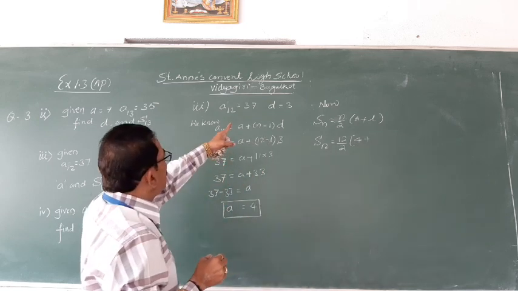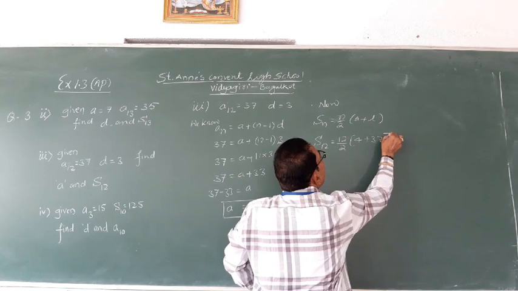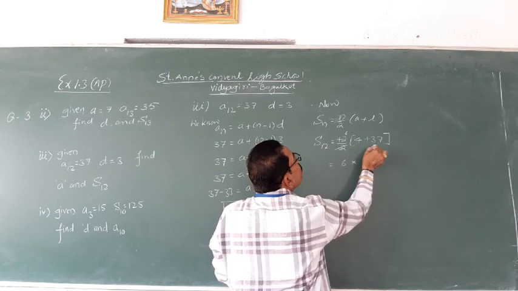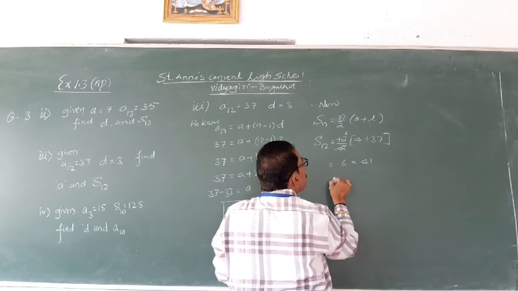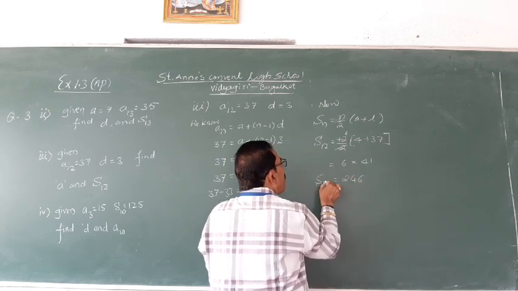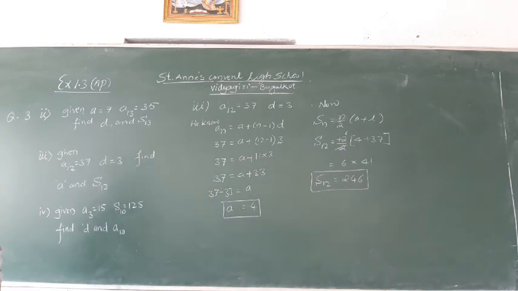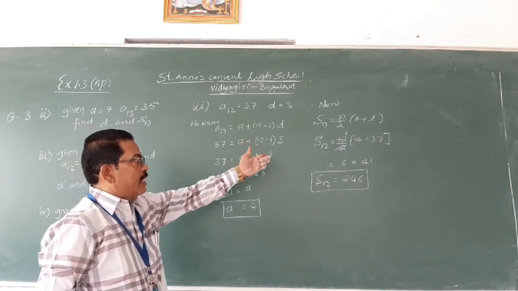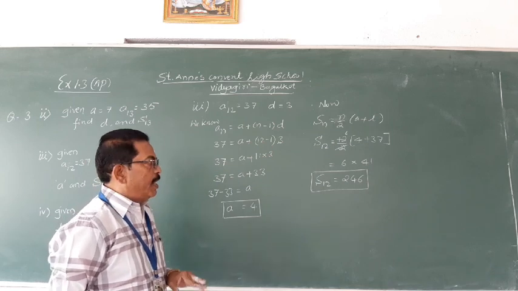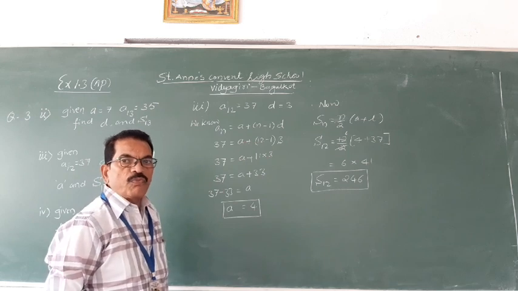Sn equals n by 2 into a plus l. 2 into 41 is 6 into 41, S12 equals 246. We can also apply the main formula, Sn equals n by 2 in the bracket 2a plus n minus 1 into d, and you will get the similar answer. By using that, it is the first one.